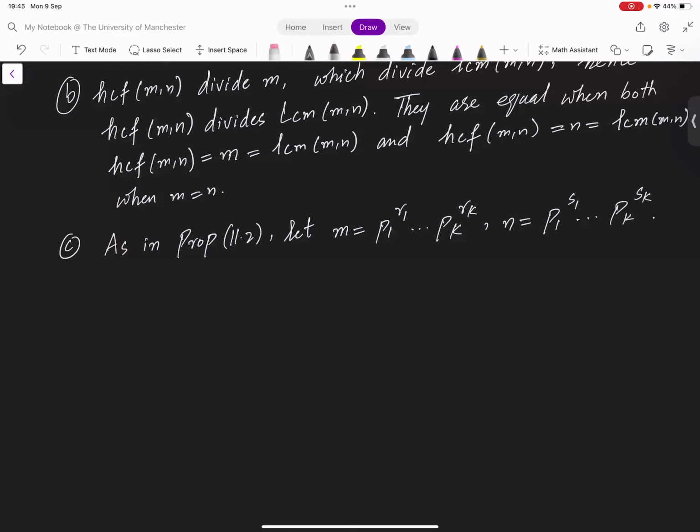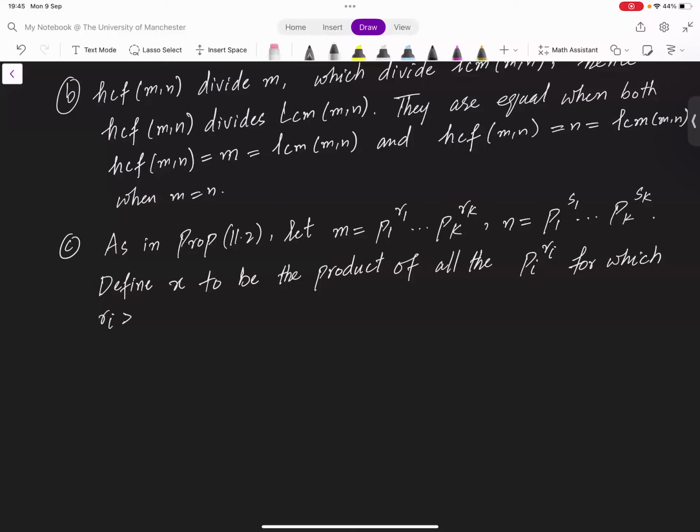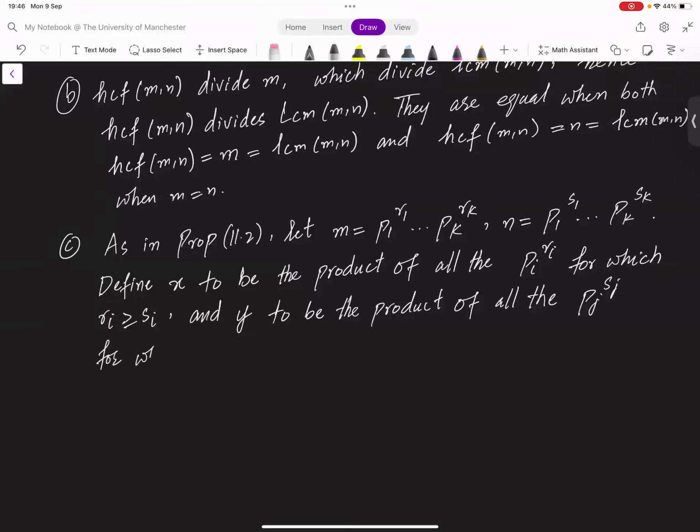We define x to be the product of all the pi's power ri for which ri is greater than or equal to si, and y to be the product of all the pj's power sj for which rj is less than sj.